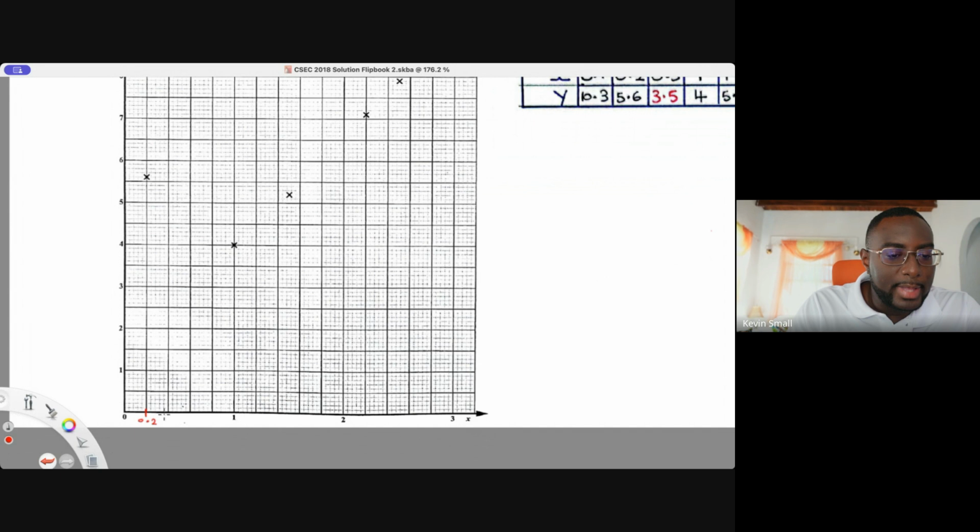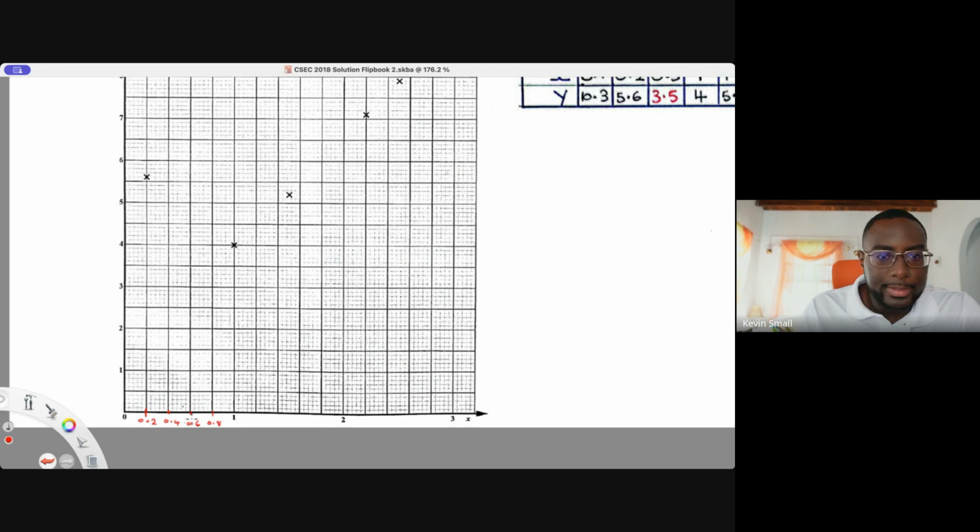So if that's 0.2, this one here is 0.4. This one here will be 0.6. This is 0.8. And it goes to 1. So 0, 0.2, 0.4, 0.6, 0.8, 1.